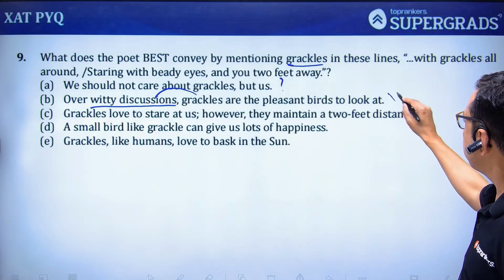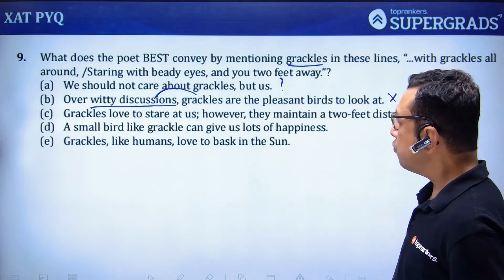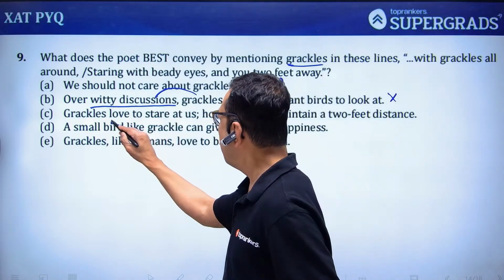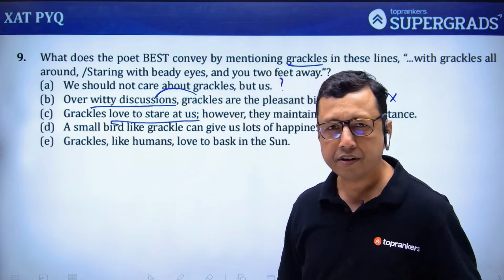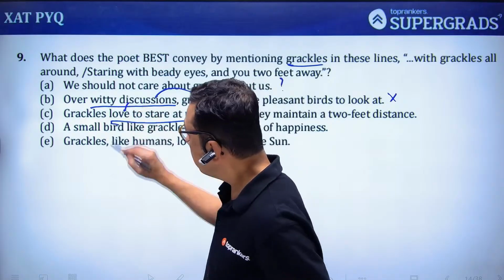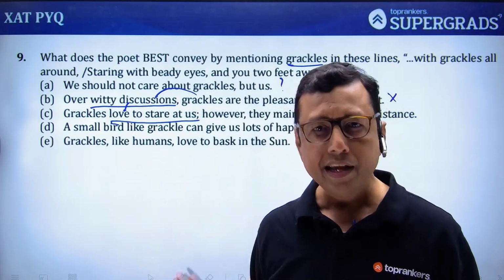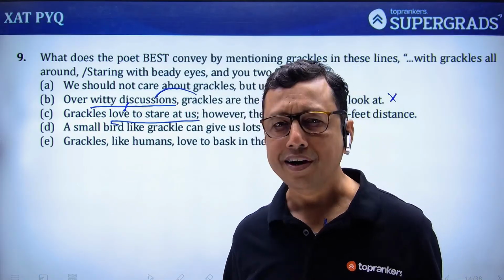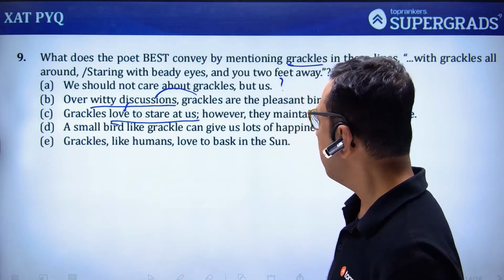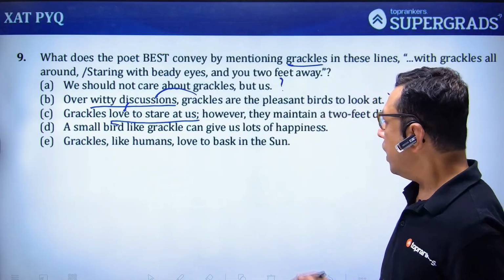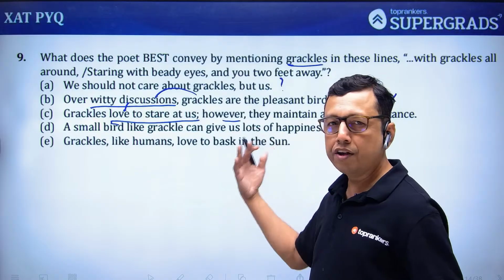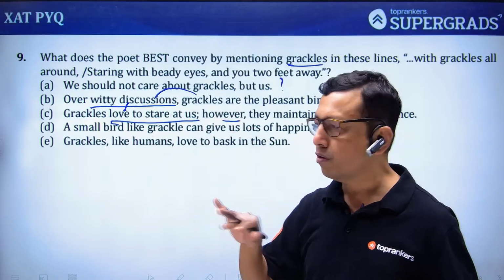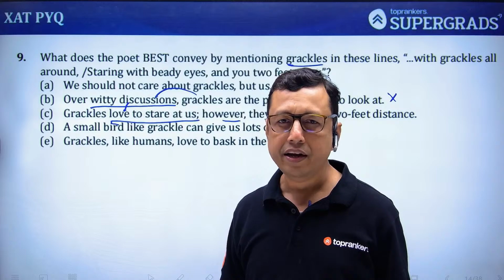Eliminated, right? Grackles love to stare at us. How do you know? It's not indicated. They are staring with beady eyes. That's about it. Whether they love to stare at us or not, not given. However, there is a contrast also. उनको बड़ा प्यार हो रहा है हमसे फिर भी हमसे दूर बैठे हैं ऐसा तो कुछ इंडिकेशन नहीं है राइट.